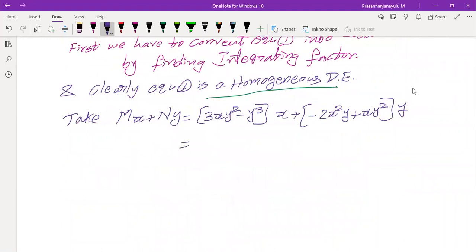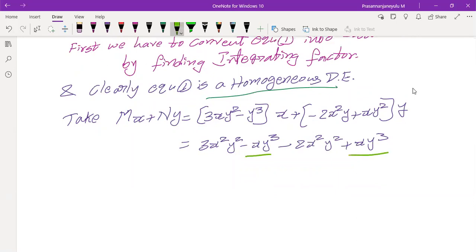If we do simplification, multiply the first two terms with x. So what we'll get? 3x square y square minus xy cube minus 2x square y square. The next two terms multiply with y, plus xy cube. If we do simplification, what are we going to get? If you observe, this term gets cancelled with this term.